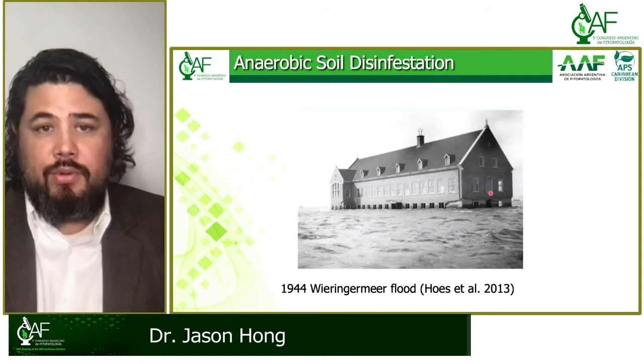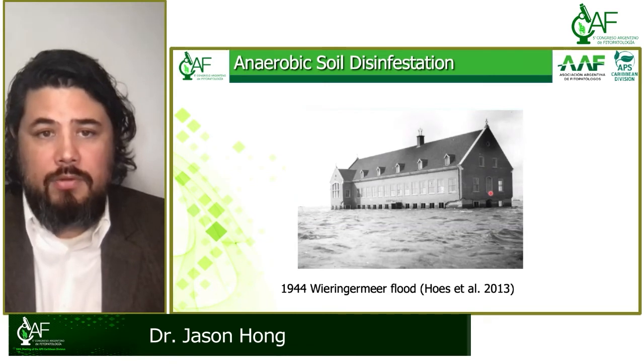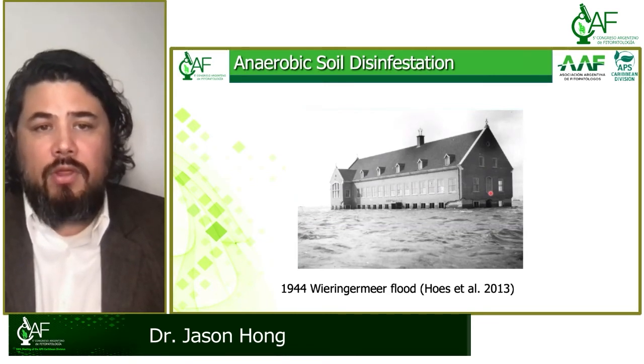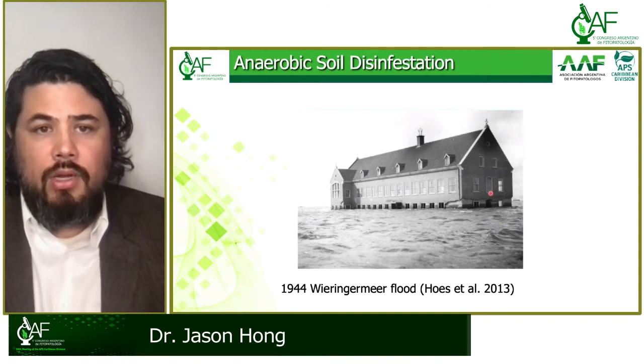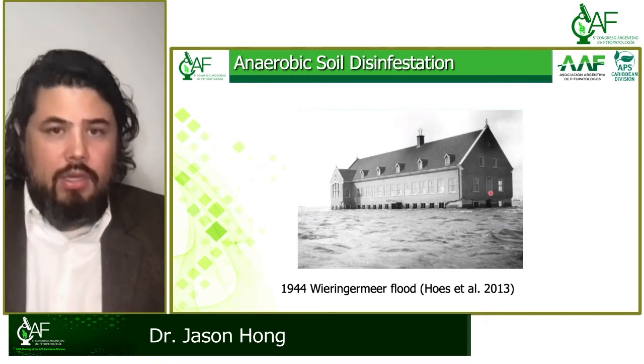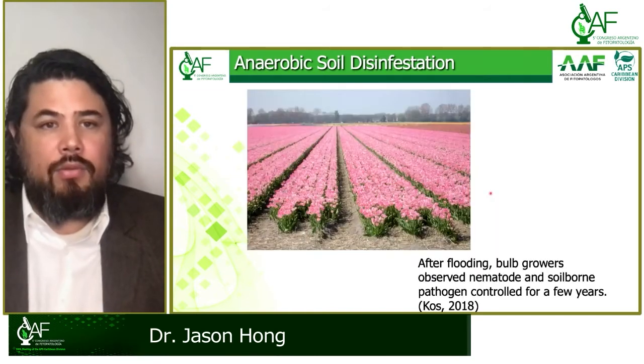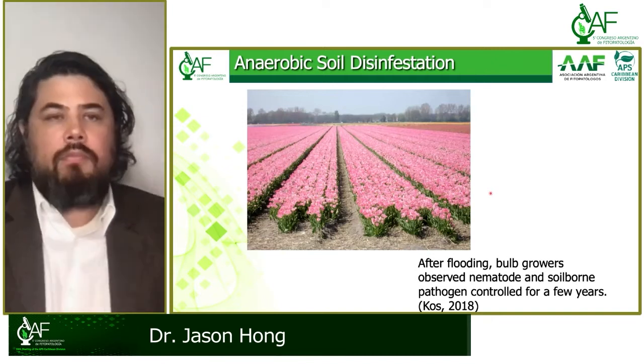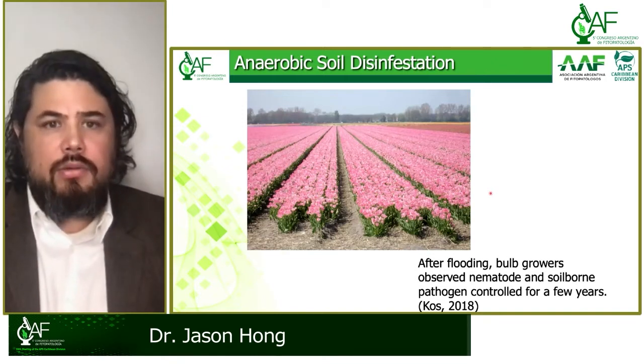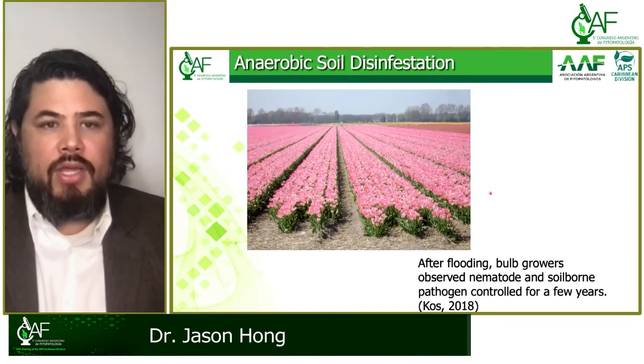During World War II, the Germans took over parts of the Netherlands and they flooded the farmland that they think was being used by the Allies or as an airstrip. And a lot of that farmland, they let the water out, and then the growers replanted tulips.